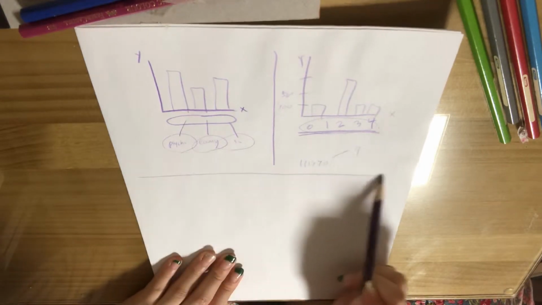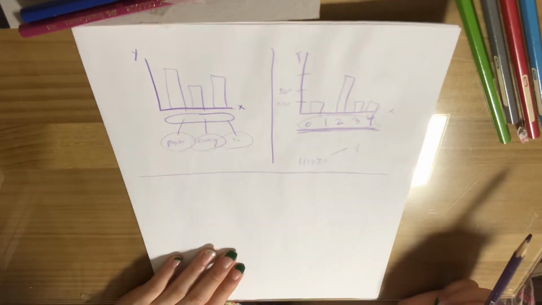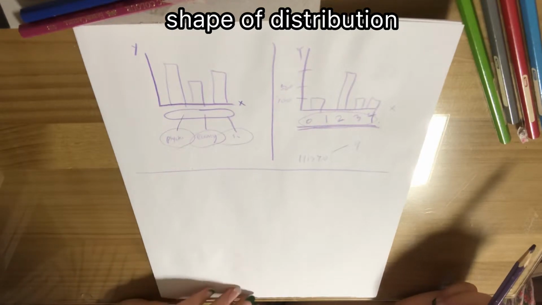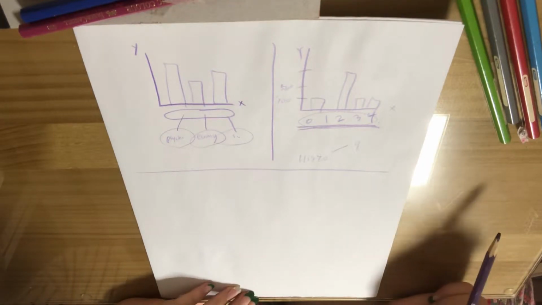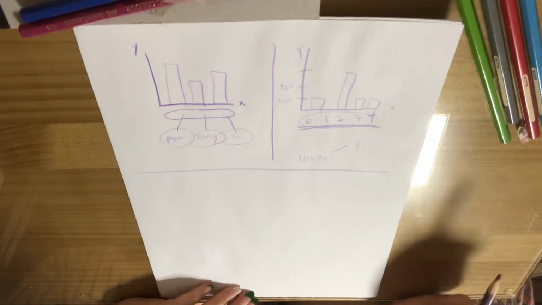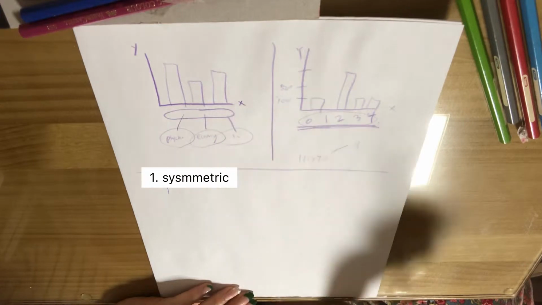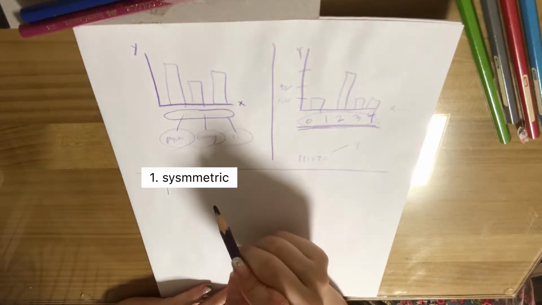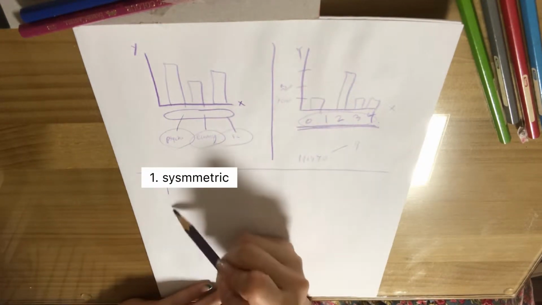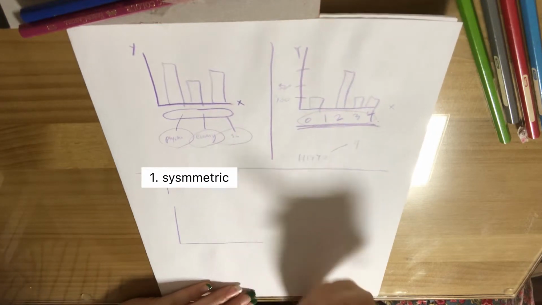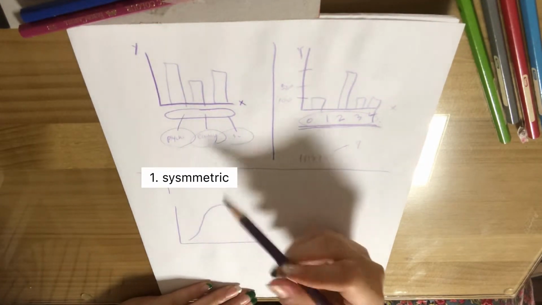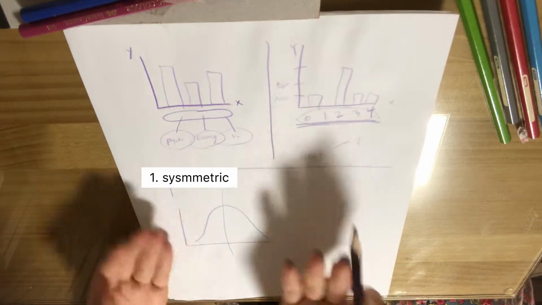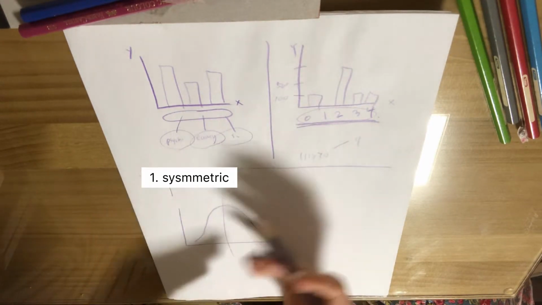So now we're going to move on to the shape of distribution. For the shape of distribution, there are 4 factors. First, we're going to cover the symmetric. Symmetric is like this. When you say the shape is symmetric, it is when you divide it into half, it can be folded and have the same shape.